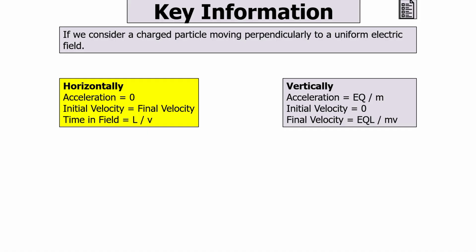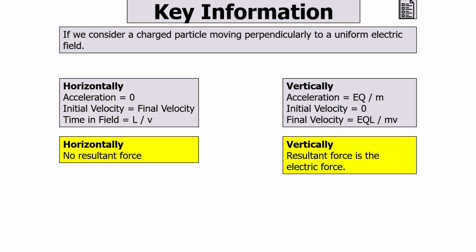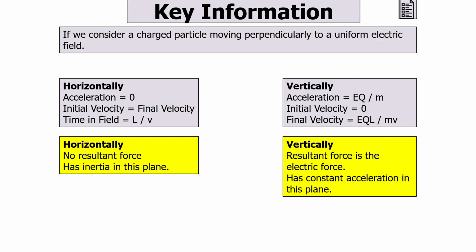Whilst our time in the field can be worked out via looking at the horizontal motion, which is equal to the length over the velocity of the object. Remember, horizontally, there's no resultant force, whilst vertically, the resultant force is the electrical force. Now this means vertically we have a constant acceleration in this plane, whilst horizontally we have inertia in that plane.